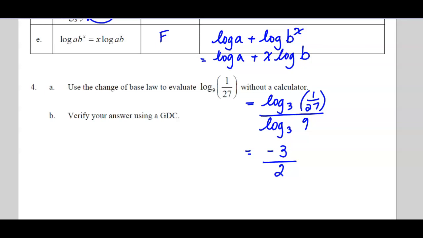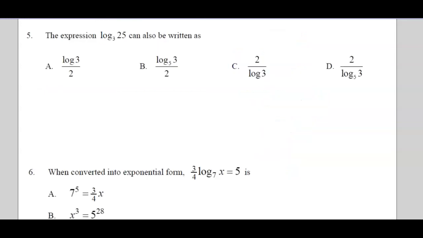Like log of 64 base 8 is the same as log of 16 base 4. They're the same value. So we're trying to express this in a different way. Which way works? In this case, there's only one correct.